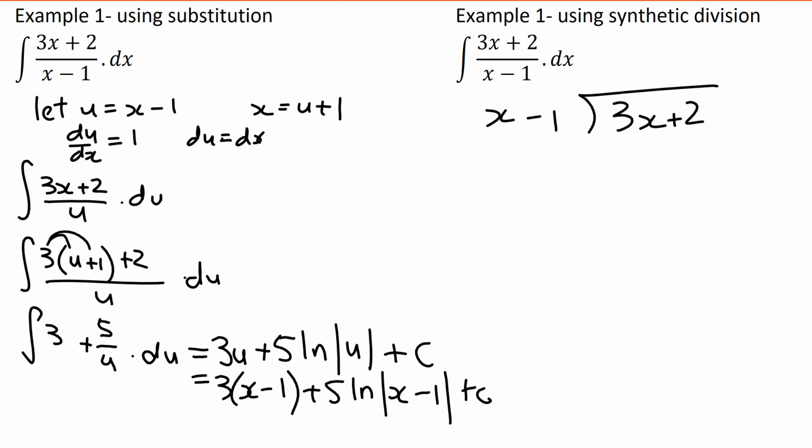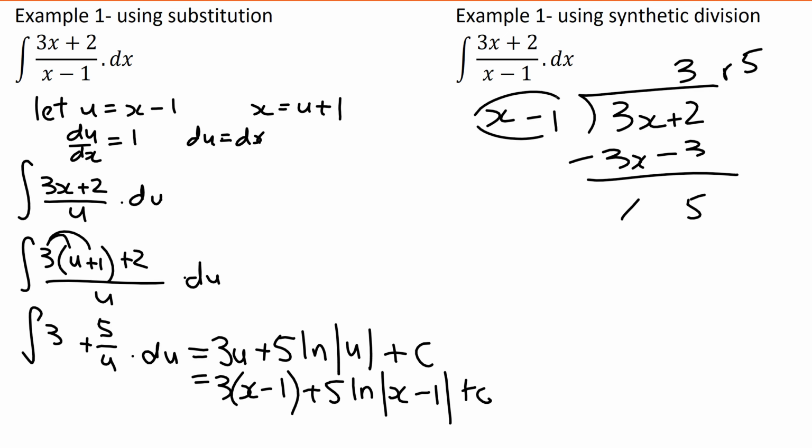How many times does that go into there? 3. That must be 3, because that's going to be 3x minus 3. This is now going to be 0, 2 minus minus 3, that's going to be 5. So it's going to be a remainder of 5, the remainder of 5 divided by that.